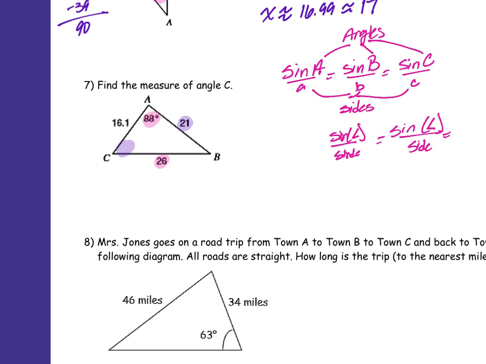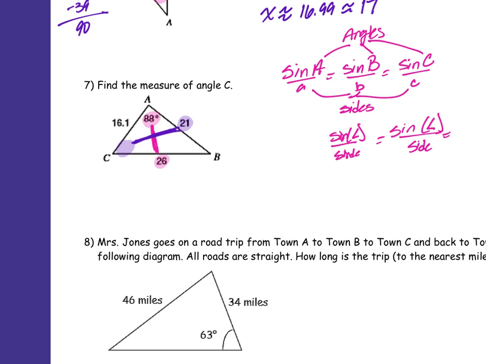Let me see if that's the right answer. Not quite. So I just have to have one matching angle and one matching side, and that's why I color coded it. And how do I know which angle and side go together? Well, they're opposites, or across the triangle from each other. Angle and the side opposite of it.